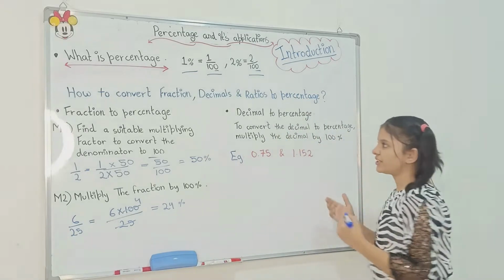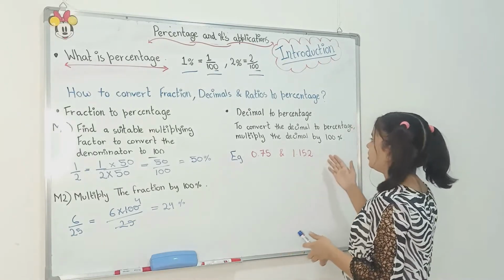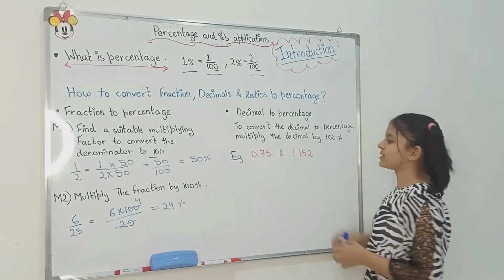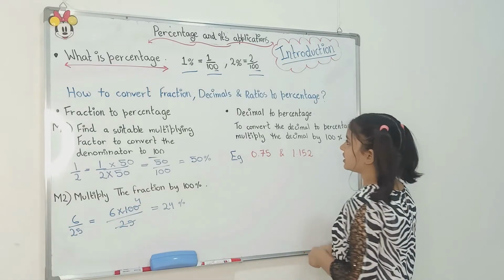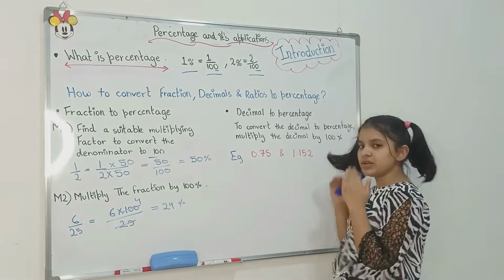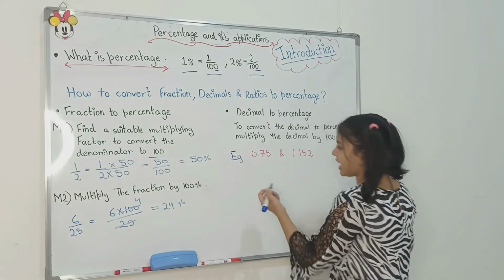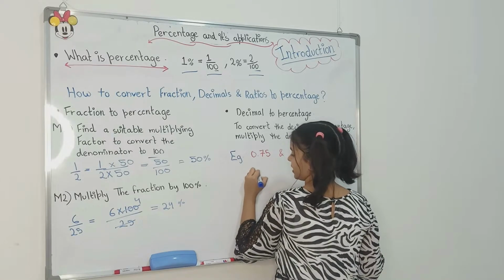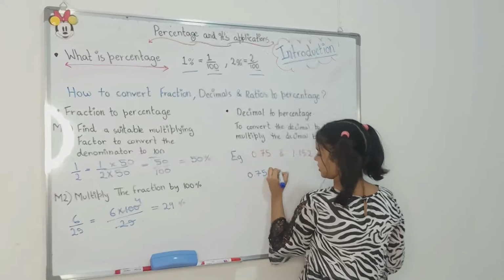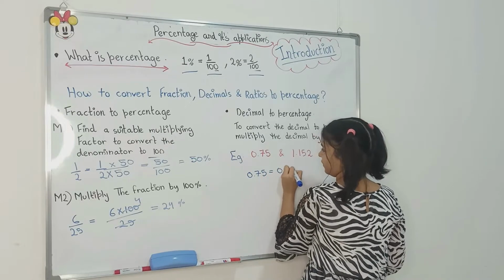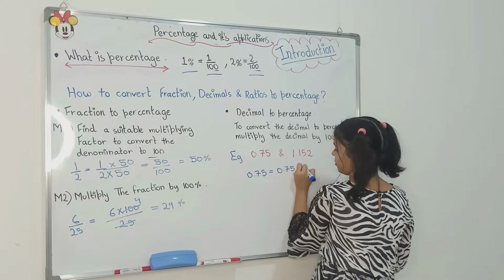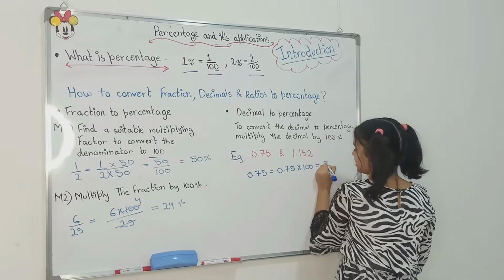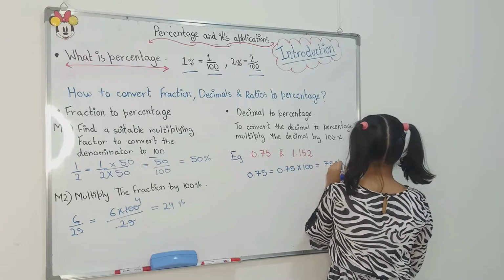To convert a decimal to percentage, multiply the decimal by 100%. So here a decimal is given, we simply multiply it with 100%. First, 0.75, we write this as 0.75 into 100, and we will get our answer as 75%.